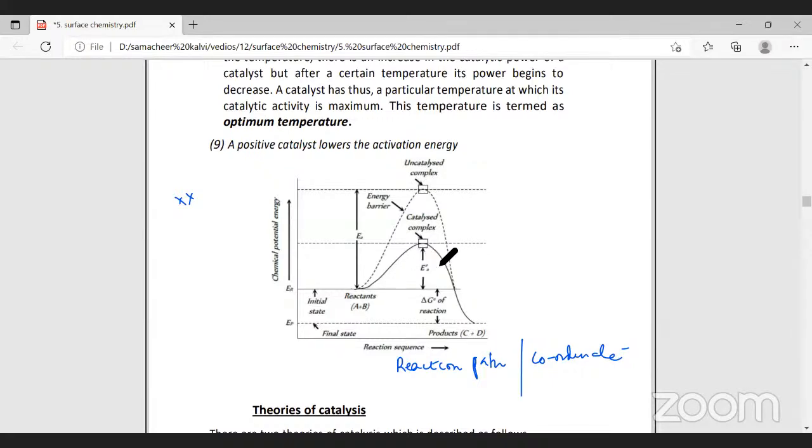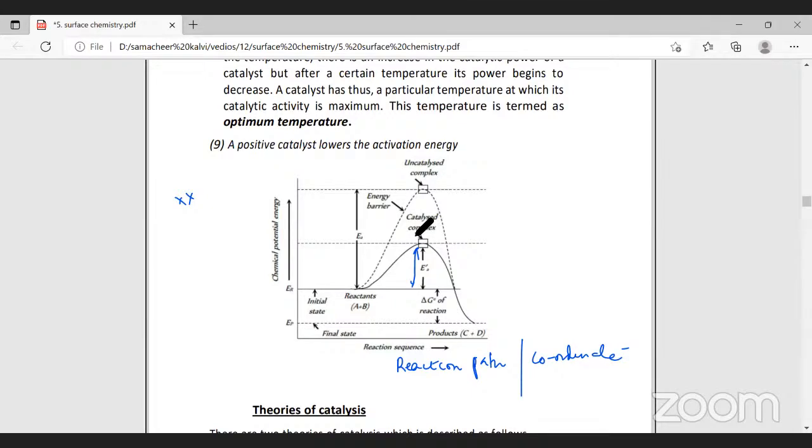But when we use the catalyst, it takes a different path by reducing the activation energy. To attain this energy, the time required is less. Once it is attained, the catalytic complex is formed, and it will decompose to give you the product. So they can ask the effect of catalyst on the rate of a reaction. You should say 2 or 3 points.